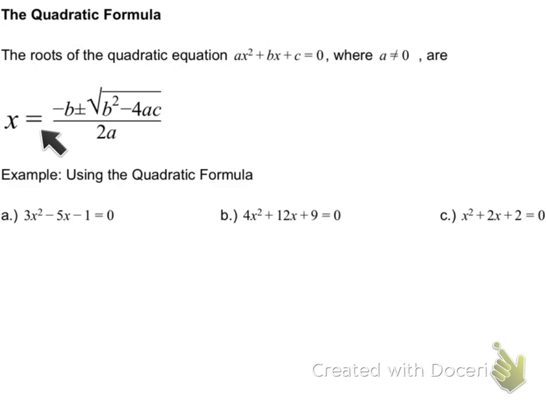Some of you guys probably from like 8th grade probably have a little song for that. I hear it every year, but I do not know it personally. But negative b plus or minus the square root of b squared minus 4ac all over 2a. I'm assuming you have that committed to memory already. Because this always works, because completing the square always works, and completing the square built this.